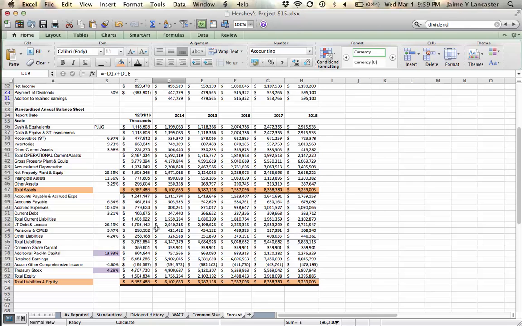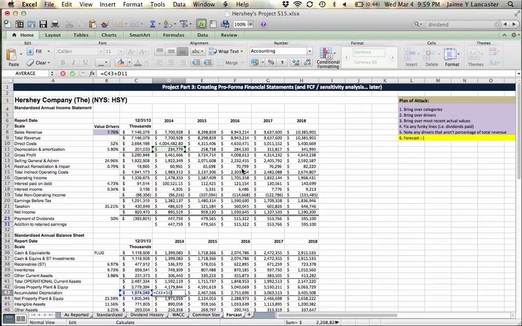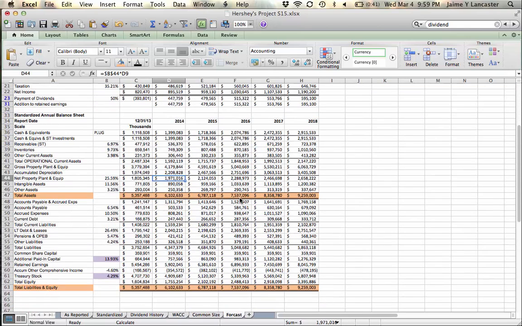I also like to look at retained earnings to make sure that it's the previous balance plus this year's addition. And similarly, I like to check out gross plant, property, and equipment to make sure that these three things are handled correctly. Accumulated depreciation is the previous year's balance plus this year's addition. Right? I'll also check to make sure the balance sheet balances.